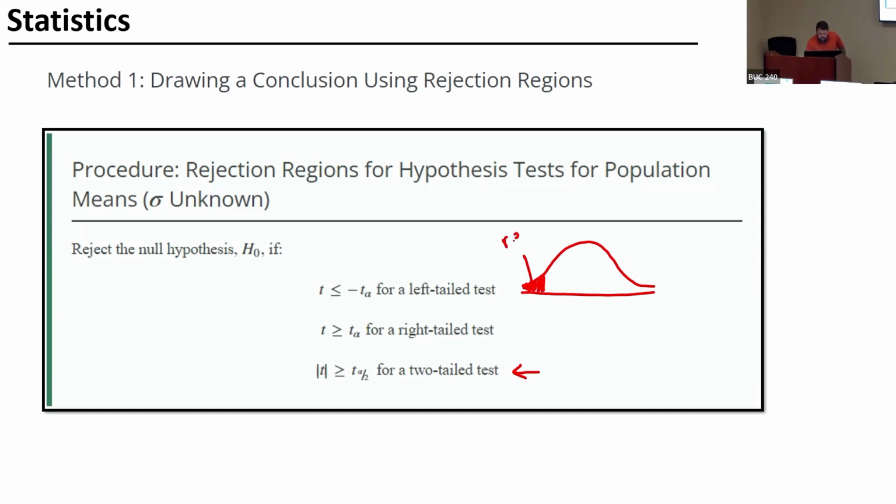That right there is going to be your rejection region. And then here is going to be fail to reject. And that t-test is telling you, where is this thing falling in there? Is it falling into your rejection part, or is it falling into your fail to reject?